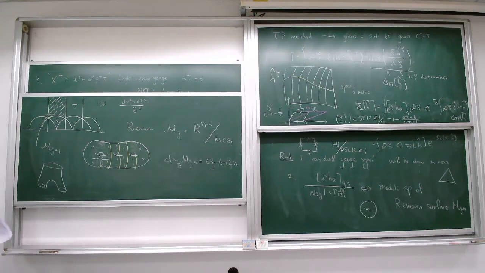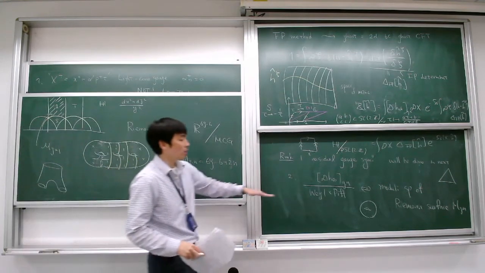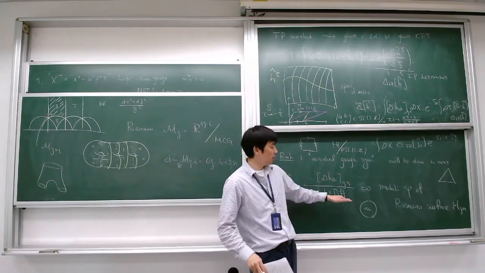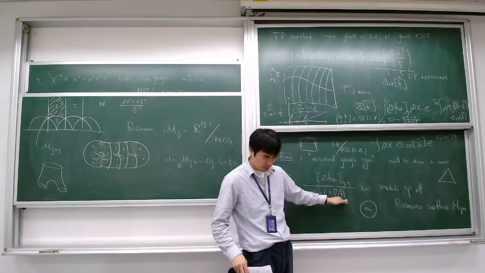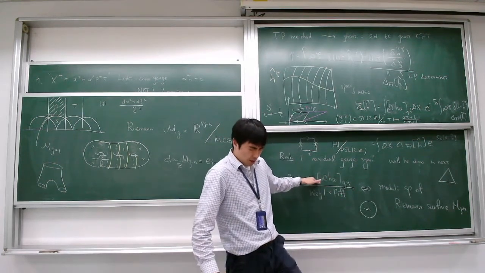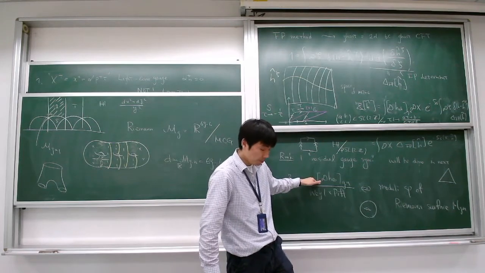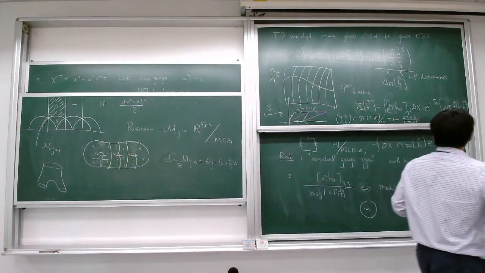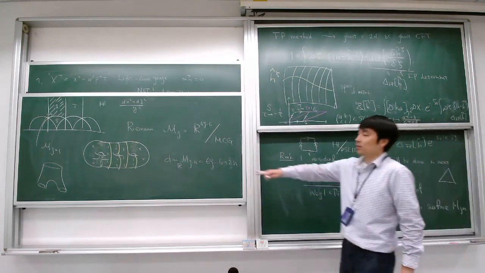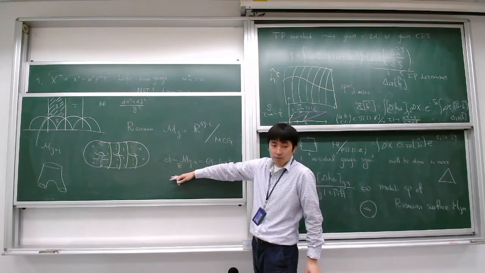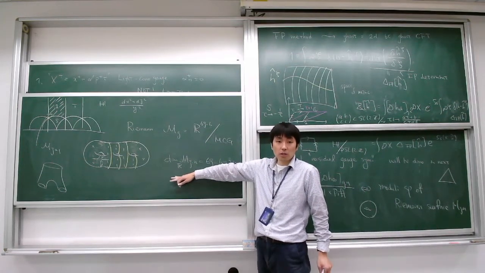In fact, at the end of the day, if you mod out the Weyl and diffeomorphism symmetries from the metric space, you have to reduce to a finite dimensional configuration. So this is the moduli space of Riemann surfaces.